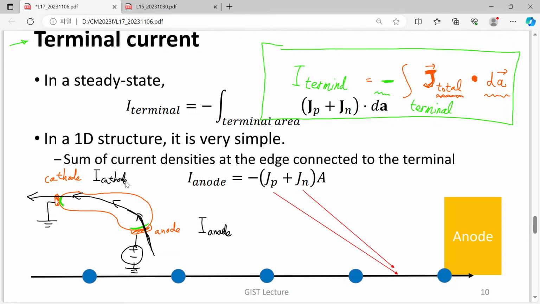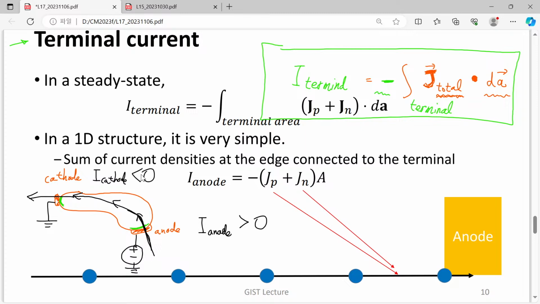Is this positive or negative? The answer is, we always take the incoming current as positive, so this one is positive. And in the case of the cathode, obviously current is escaping through the cathode, so we will have a negative value.